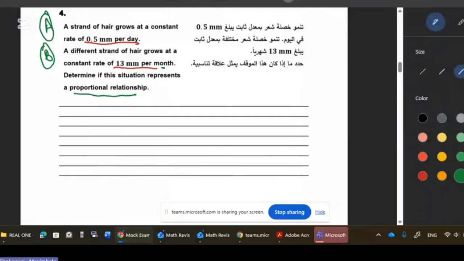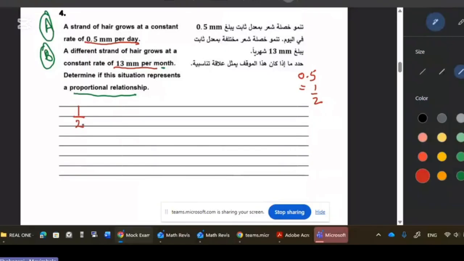So what I'm going to do in this case, I'm going to convert this 0.5 millimeters per day into per month. All right. Now, how am I going to do that? I'm going to say, so we have this 0.5. Remember, 0.5, it's exactly the same as 1/2. So I'm going to say 1/2.